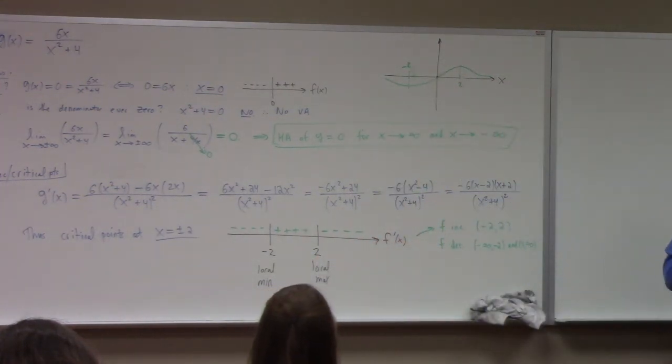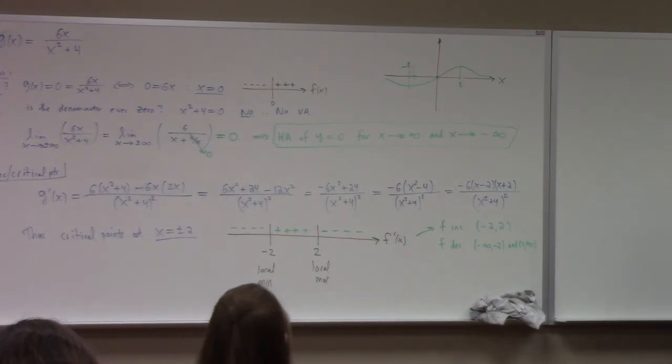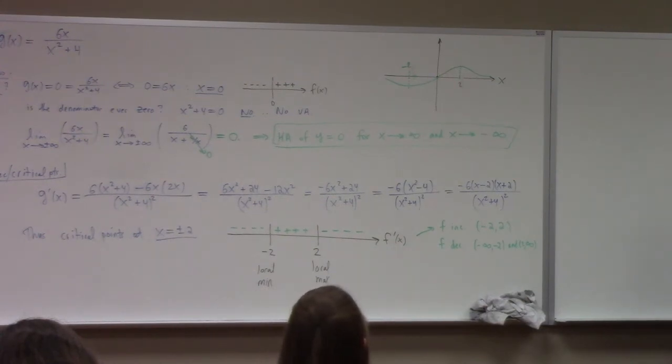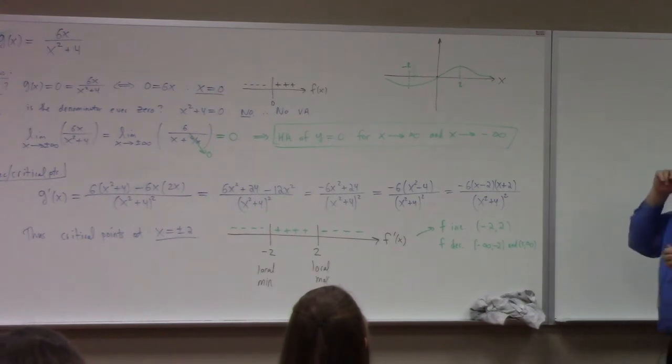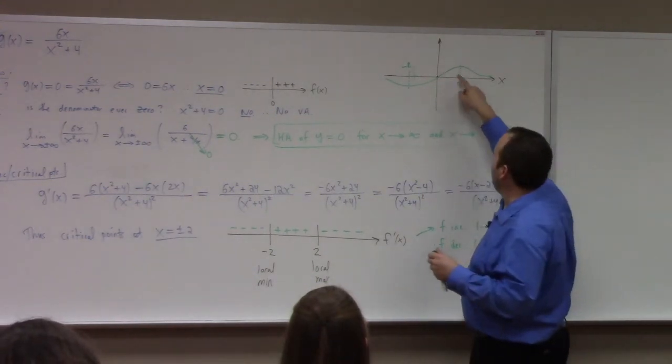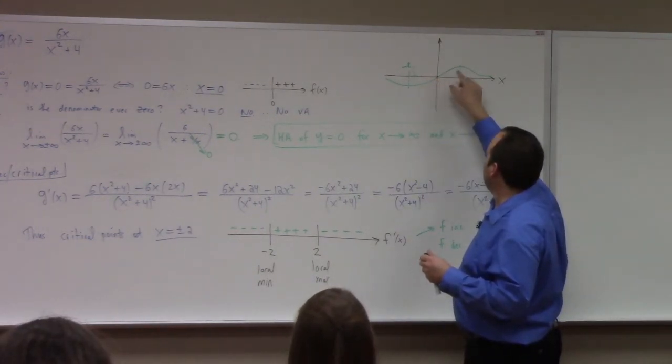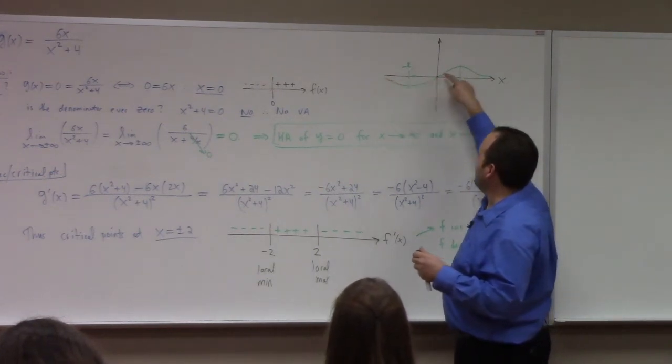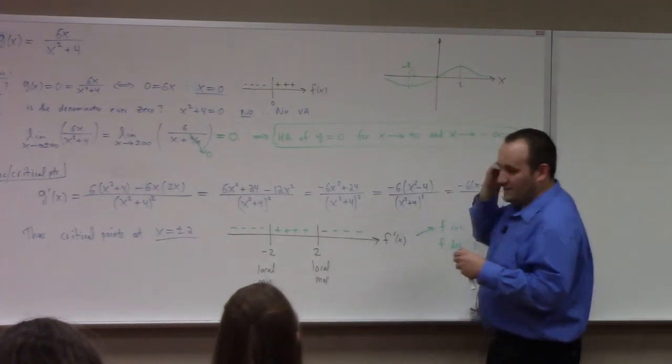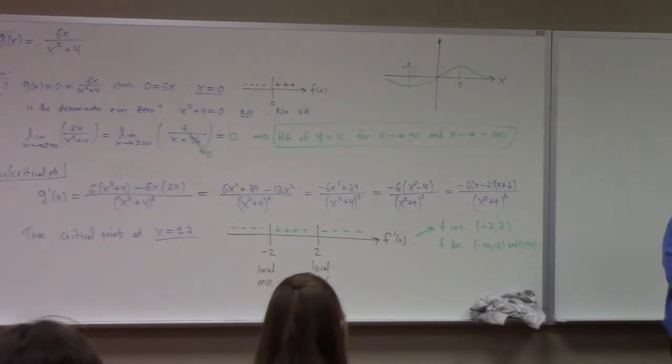So that's the graph, something like that. There's got to be a point of concavity in here somewhere. There may be, I don't know. Let me not do that. Number 12, yeah.